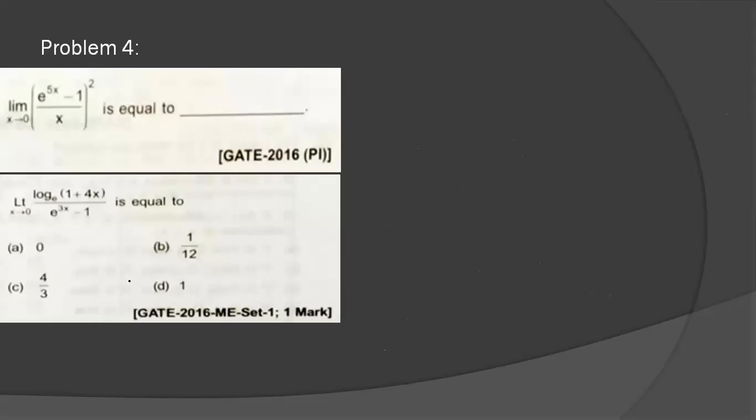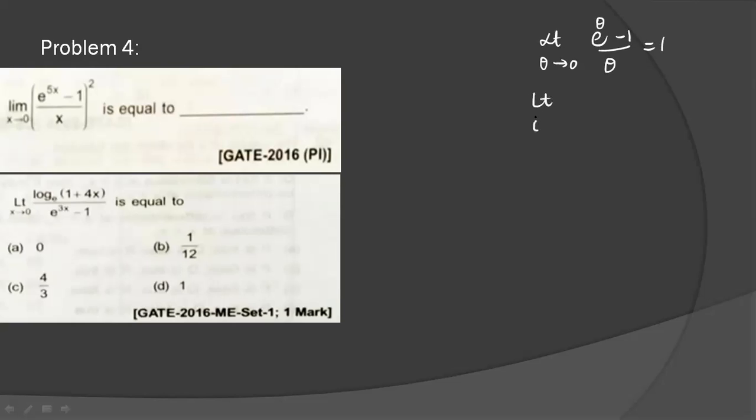The next question is limit x tending to 0. These two questions are based on the results I have already discussed. I told you the results: limit theta tending to 0 of (e to the power theta minus 1) upon theta equals 1. You can see my lecture 15.